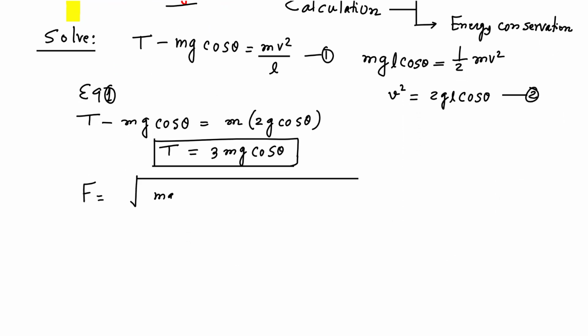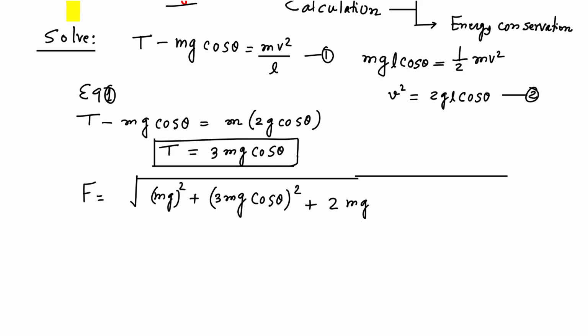this is mg whole square, one force. Another force is 3mg cos theta. So this square plus 2 f1 f2 cos theta, mg times 3mg cos theta, and theta in this case is pi minus theta.